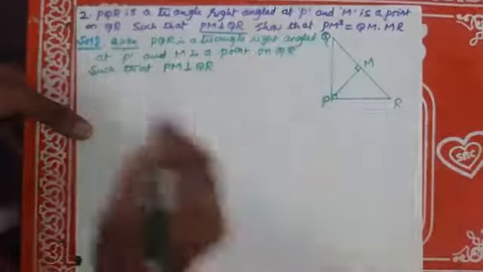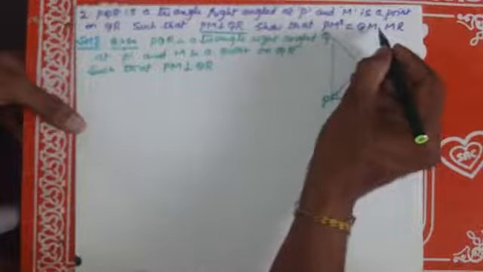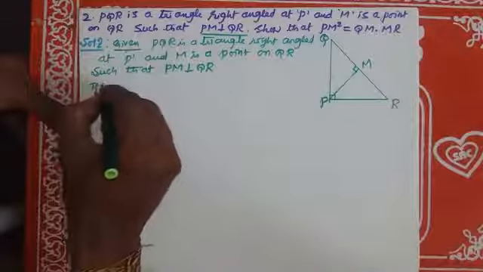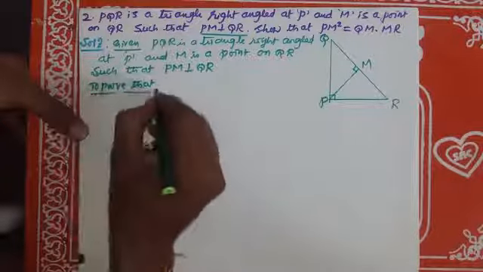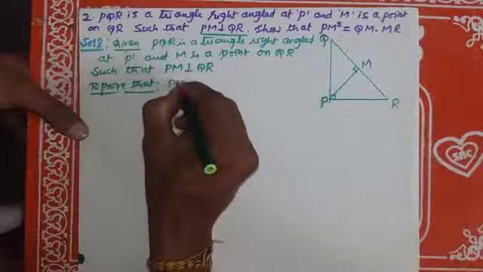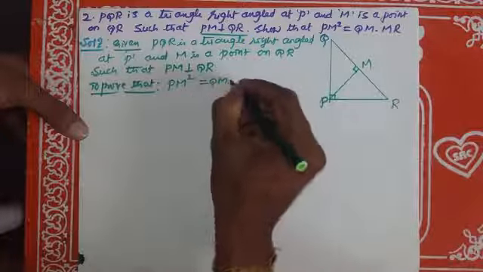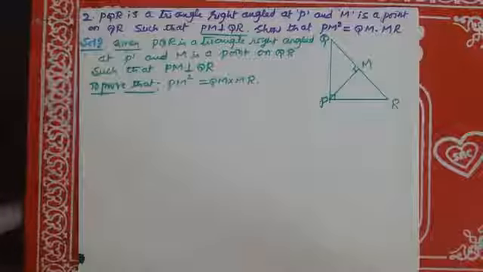QPR is a right angle triangle. Okay. We need to show that PM square is equal to QM into MR. To prove that, PM square is equal to QM into MR. Okay. Proof.